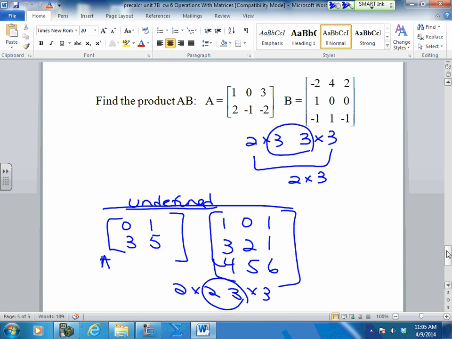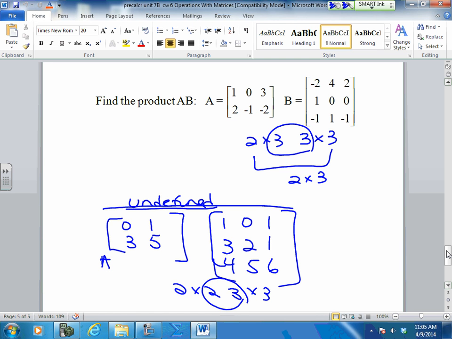So, I have a couple here. The first two are good thinking problems for you. Everything gets done in your calculator except the first one. The first one I want you to think about.